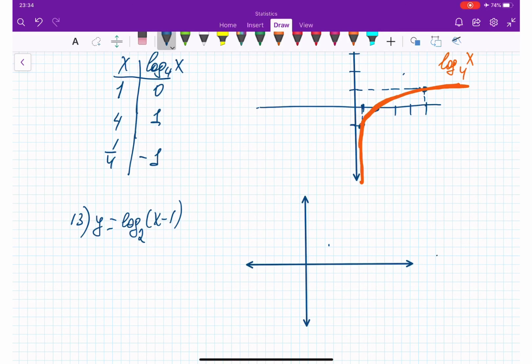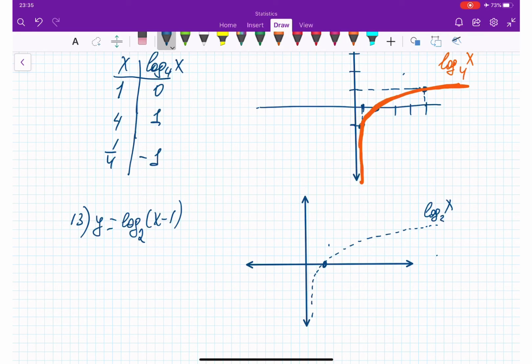So first I'm going to graph logarithm x by base 2. So this is 1. By base 2, it's going to go something like that. The smaller the base, the higher the logarithm is going.